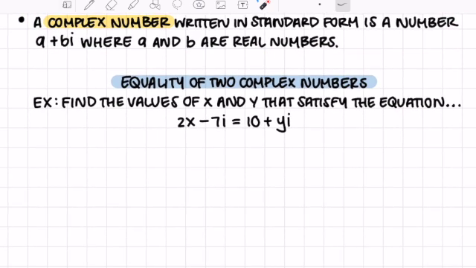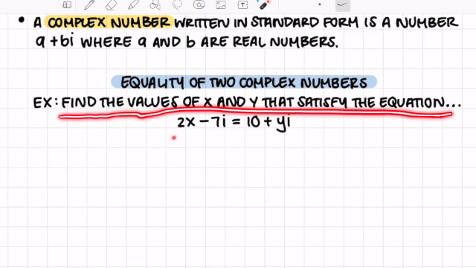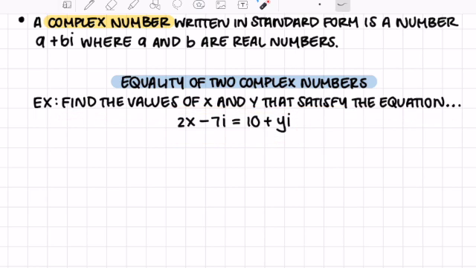Normally we'll have types of questions where we have equality of two complex numbers. We're going to be asked to find the values of x and y that satisfy the equation. Let's say you have the equation here, 2x minus 7i and 10 plus yi. You can think of i as if it were a variable or similar to like terms.